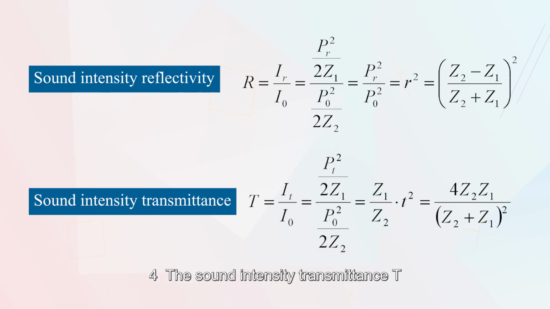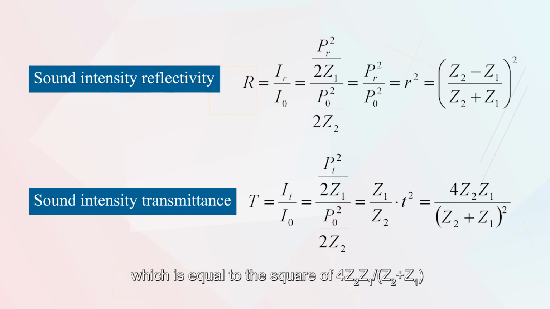The sound intensity transmittance T is equal to the transmitted wave sound intensity IT divided by the incident wave sound intensity I0, which is equal to 4 Z2 Z1 divided by the square of (Z2 plus Z1).